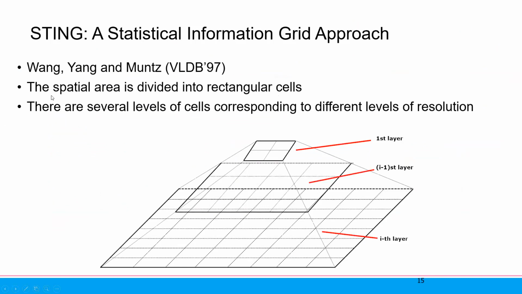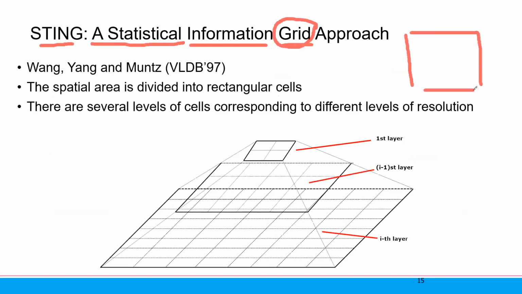What is STING? STING is a statistical information grid approach. Do you know grid? Grid is like a rectangle.